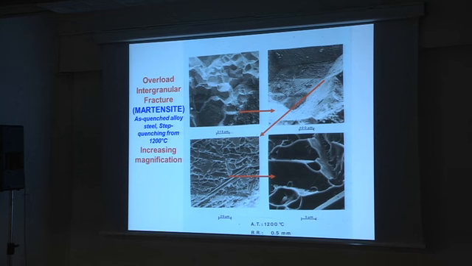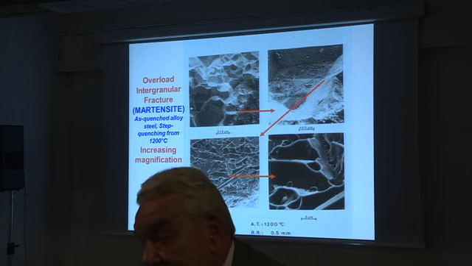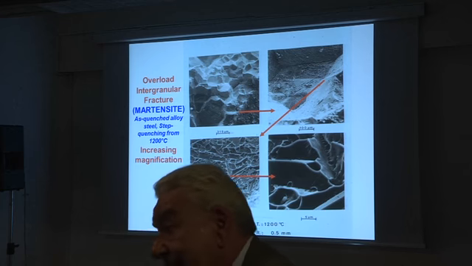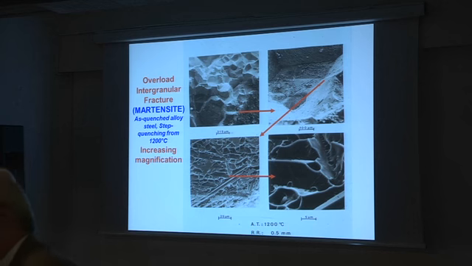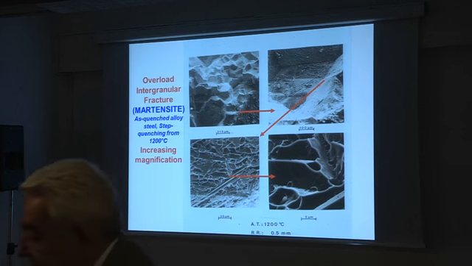But then the steel was quenched and not tempered, so there is martensite that was formed, and so along the boundary of the previous austenite crystals you can see the facets that refer to the martensite plates, martensite laths that form the actual microstructure.